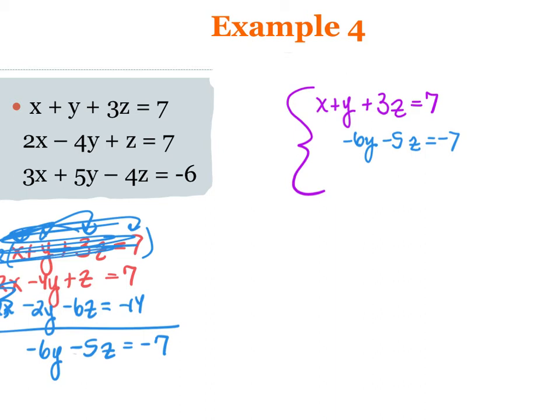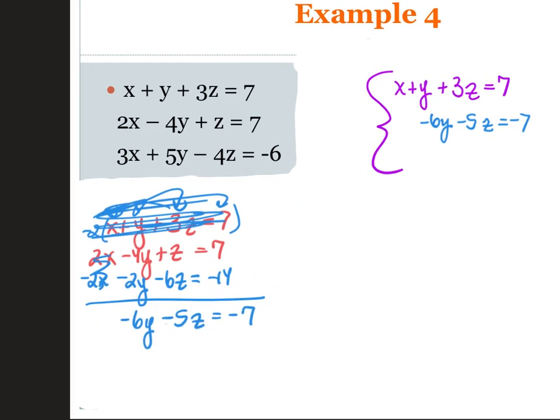So we have to combine 1 and 3, right? X plus y plus 3z equals 7, and 3x plus 5y minus 4z equals negative 6. What do I multiply the top by? Negative 3. Good.